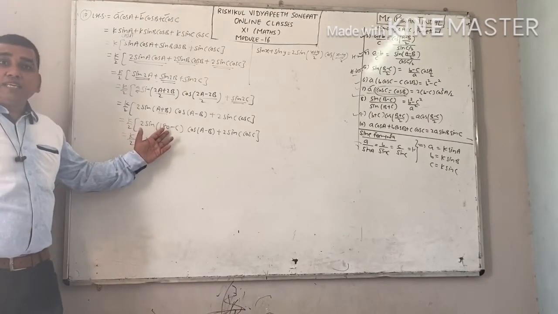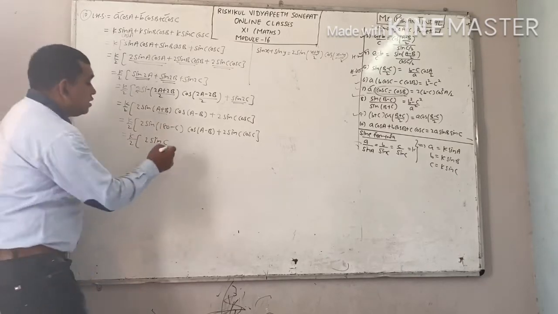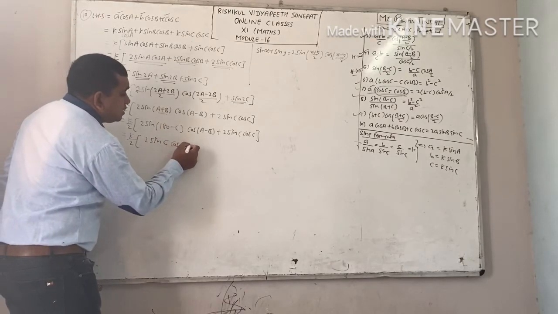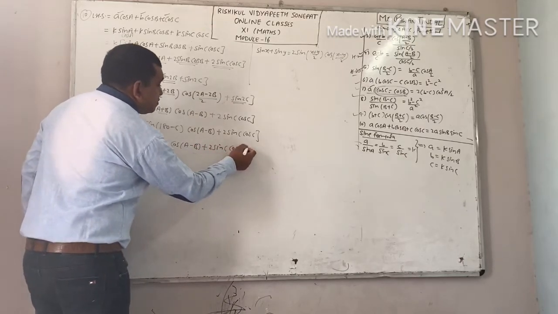Second quadrant, and in second sin is positive, so you will get a positive answer. 180 means no change. Now cos (A minus B) plus 2 sin C cos C.